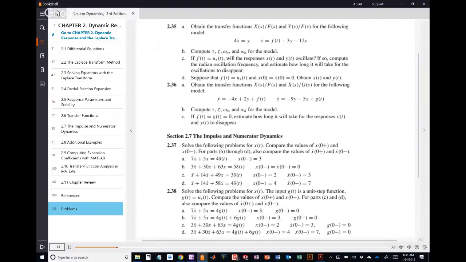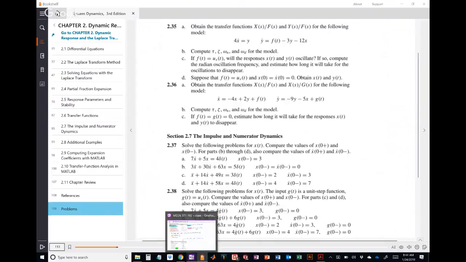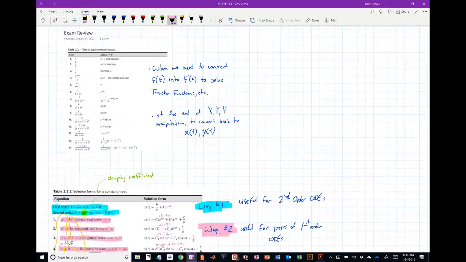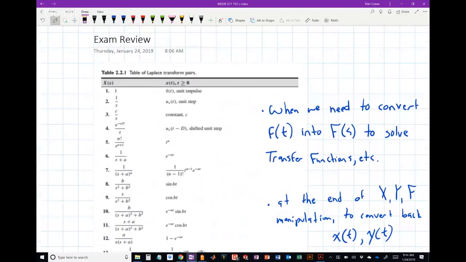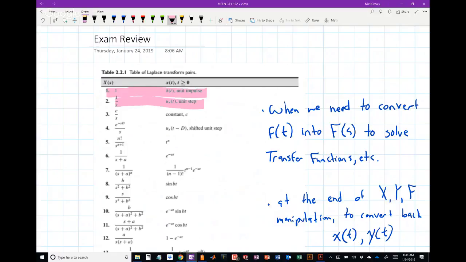The important business about the impulse function that you're going to need to know, you'll pretty much be able to solve from right here. And that is just that if your force is an impulse, then your capital F is going to be 1. Same thing with the unit step. There's a fancy way to derive all of that.